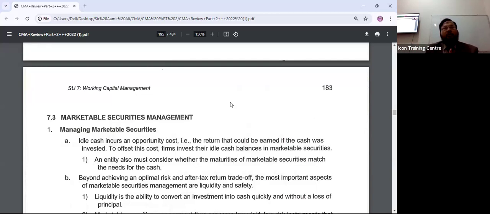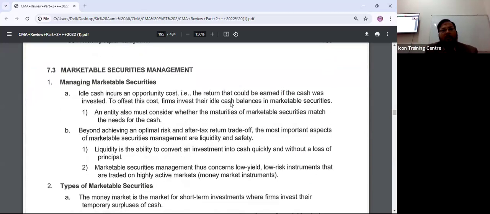Marketable securities are short-term securities for 3 months, 90 days. So you invest in some security, and after 90 days, you get the return. So instead of keeping cash in your bank, why don't you invest in marketable securities to increase your profitability?